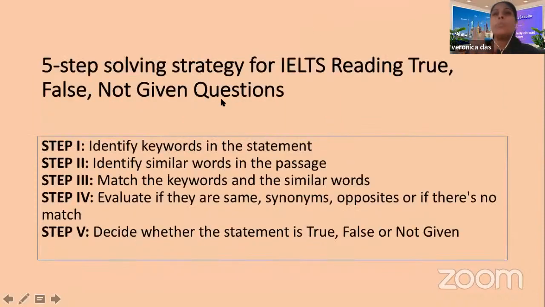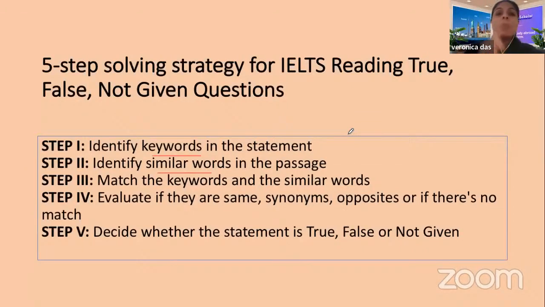Students, what you will do first is read your instruction and read the title of the passage. After that, read your questions and identify the keywords. Read your statements, identify the keywords there. Now you start looking for similar words in the passage. Please write it down somewhere.